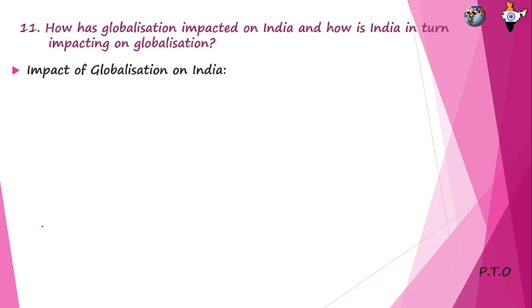Now the next question is how has globalization impacted India, and how is India in turn impacting globalization? This is a very important question. We discussed it in detail in the last video. You should really go through that video also and make a simple note, because I have written the answer on the basis of that note.